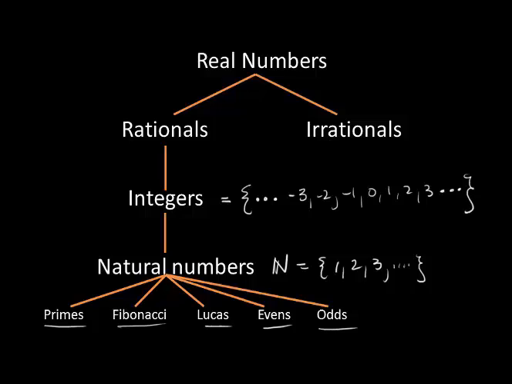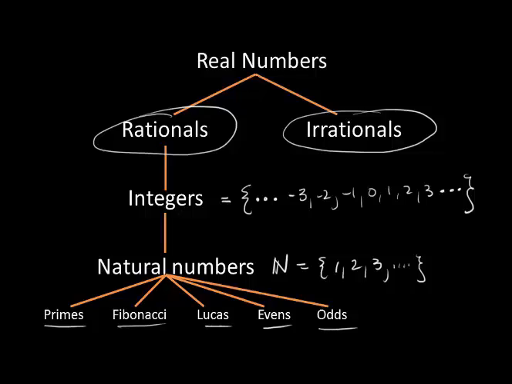So that's the next set that you learn about in school. First you learned about the natural numbers, and then you learned about 0 and the negative numbers. Those are called the integers. You need to know the names of these sets. And today we have talked about the rationals and the irrationals, and together they form the real numbers.